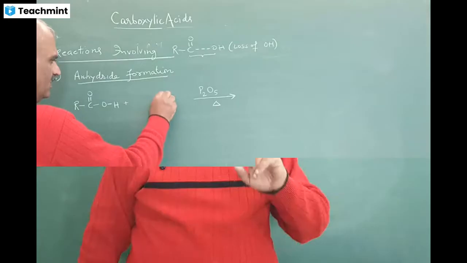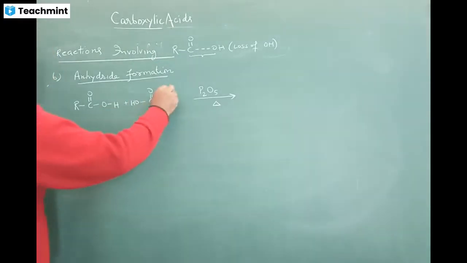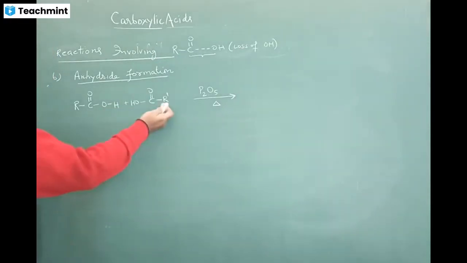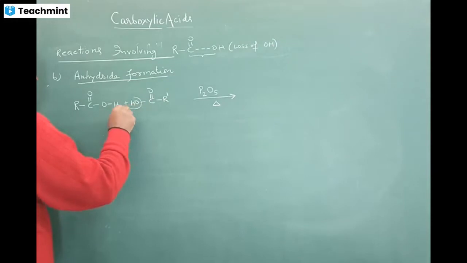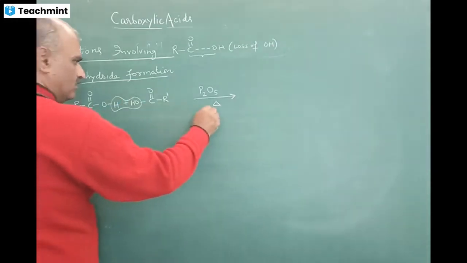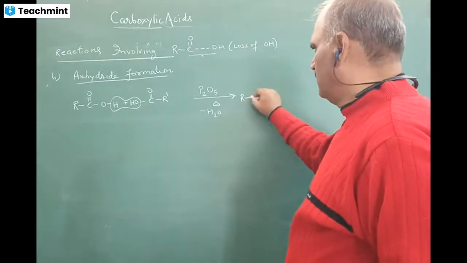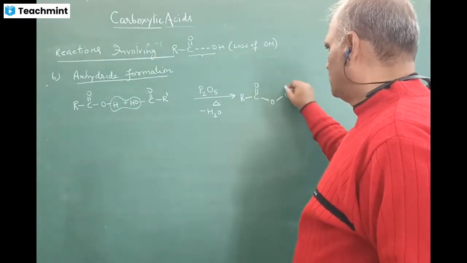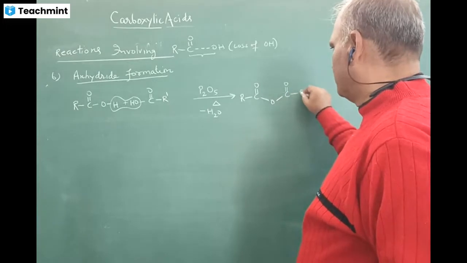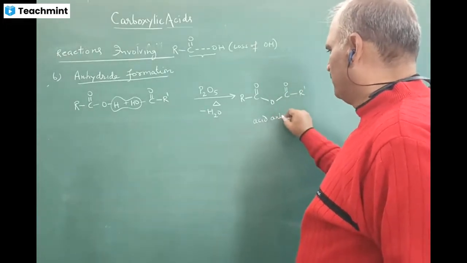Now, if you are going to take a mixture of 2 carboxylic acids, we can put dash here, R dash. R and R dash can be the same or different. Then one molecule gives OH, the other gives H. Loss of water, and this is RCO, OCO, R dash. This is acid anhydride.